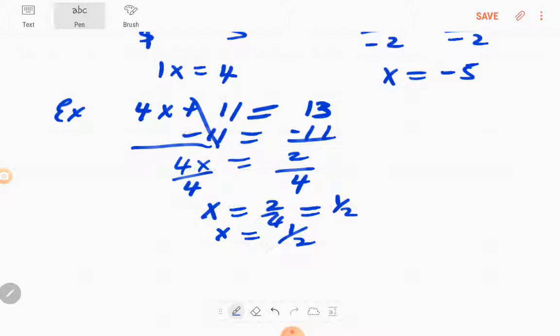The other property I wish to look at in this video is the distributive property.